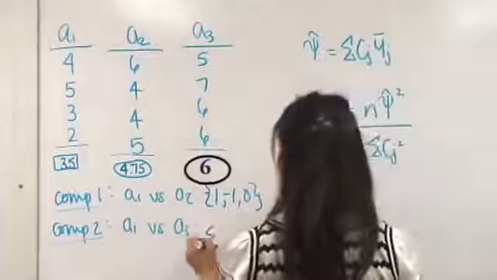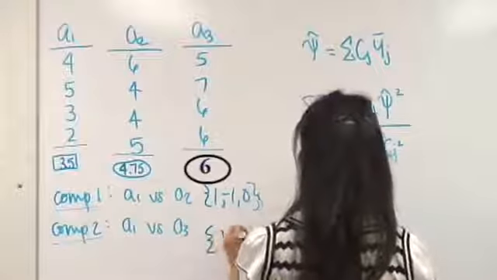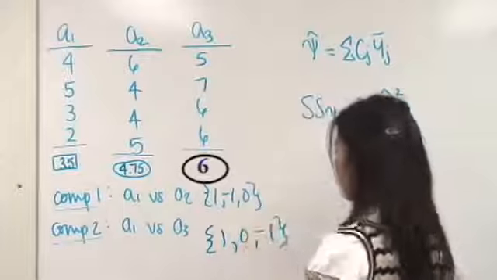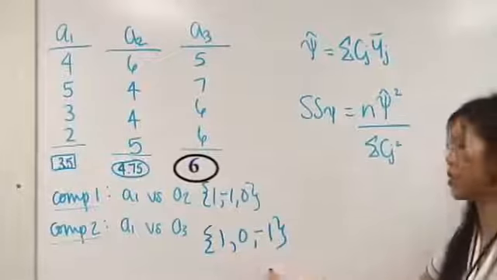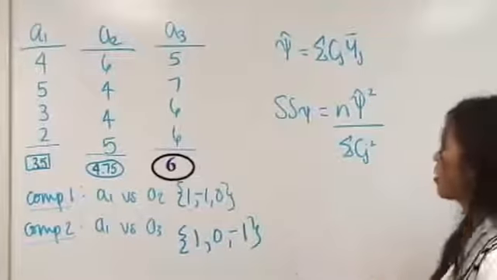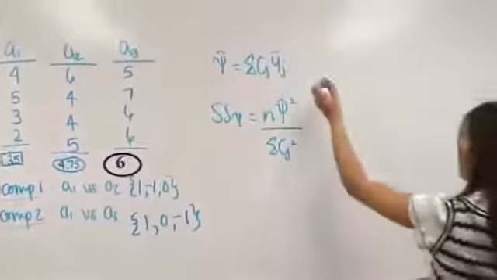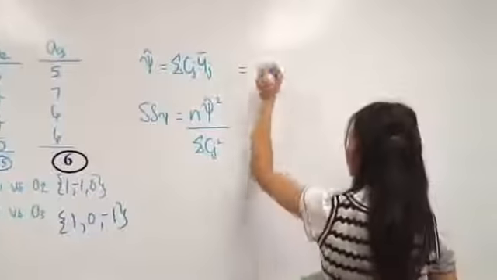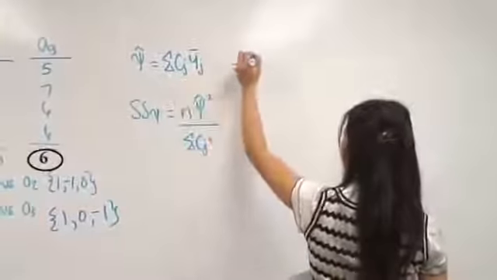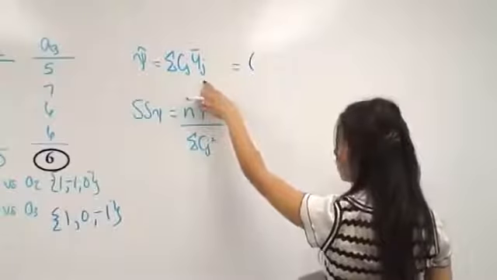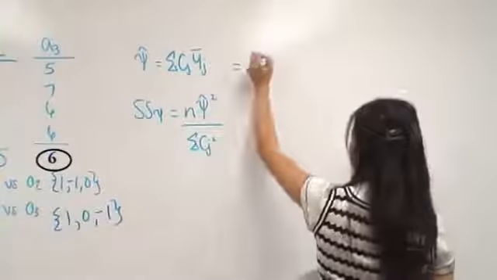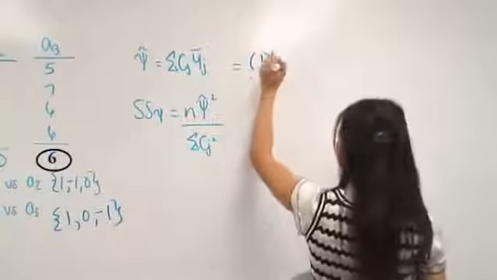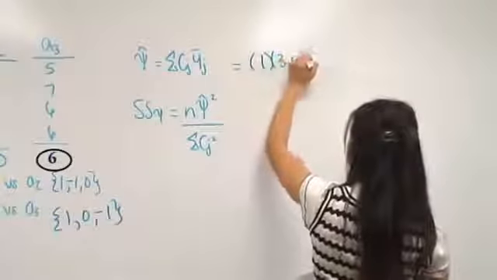So I'm going to do coefficients of 1, 0, -1. Again, these are arbitrary numbers. You could also do +1/2, 0, -1/2, just as long as these add up to 0. I'm going to plug the same numbers into my equations up here. So that is the sum of all my coefficients times the means of each of my groups. The coefficient for A1 times the mean of A1 is 3.5.